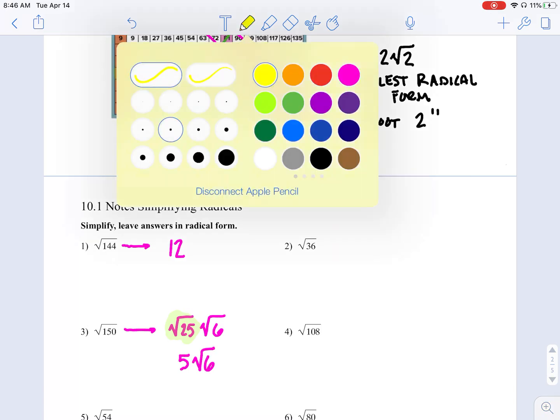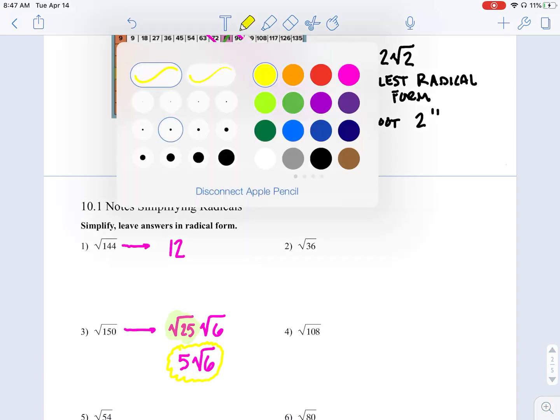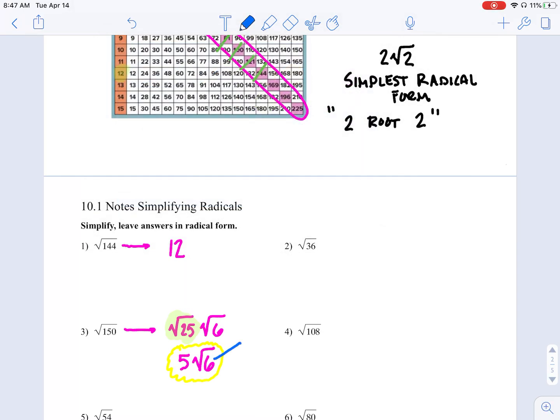So I'm just left with, in simplest radical form, 5 root 6. And I know that I'm done when the radical part, the root 6 part, doesn't have any other factors that are perfect squares. If I think about what are factors of 6, well, 6 and 1 or 3 and 2. None of those are perfect squares, so you know that you can stop there.